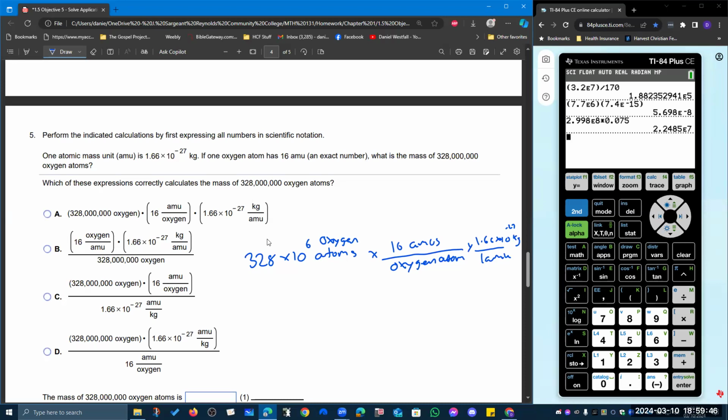So 328 million oxygen atoms times 16 AMUs per oxygen atom times this. So here we go: 328 times 10 to the 6th, times 16, times 1.66 second EE negative 27.